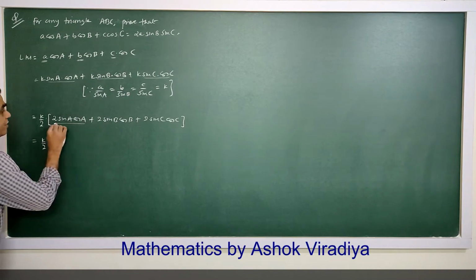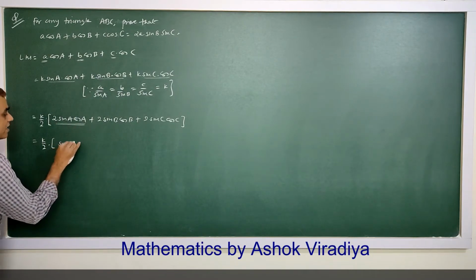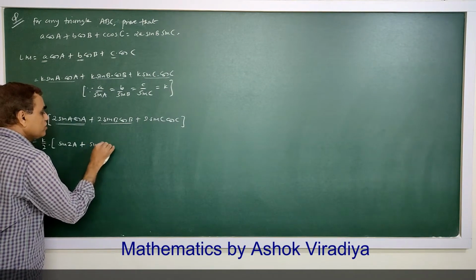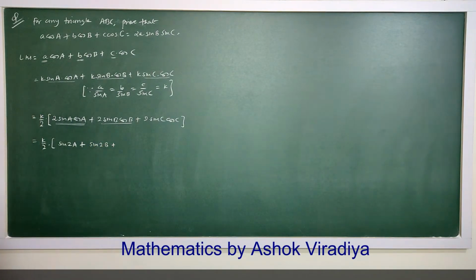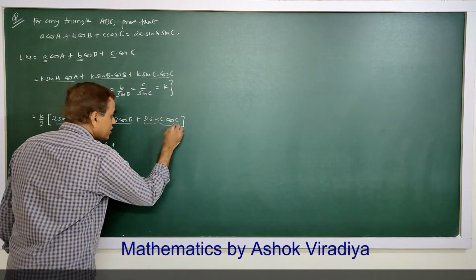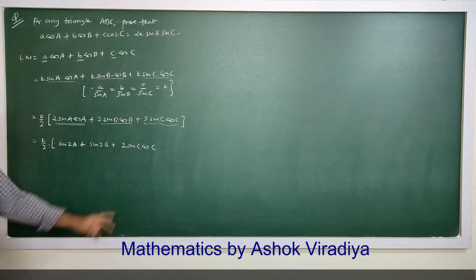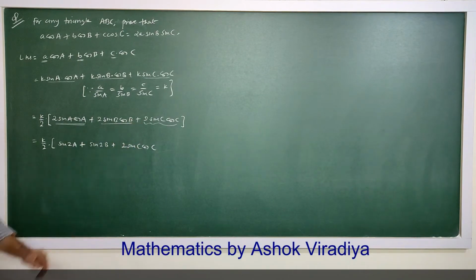Now 2 sin A cos A is sin 2A, 2 sin B cos B is sin 2B, and this last term we just keep as it is.